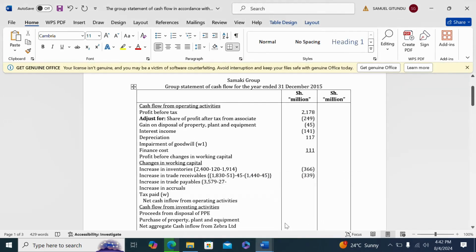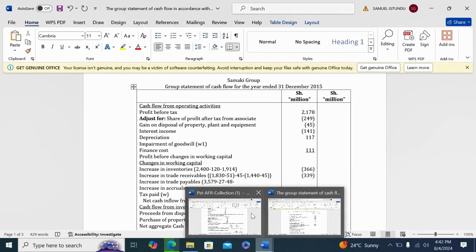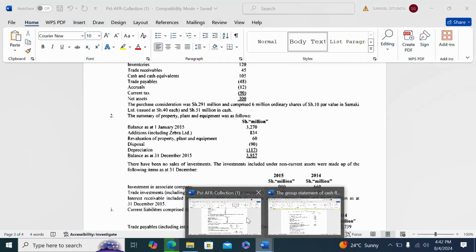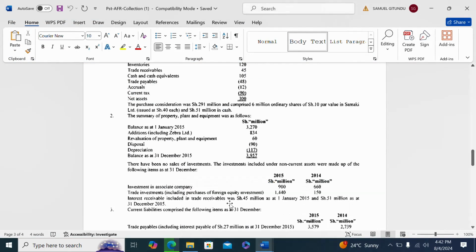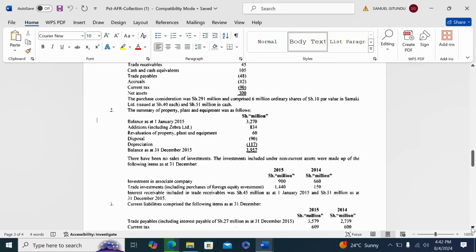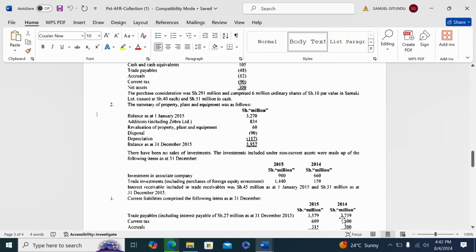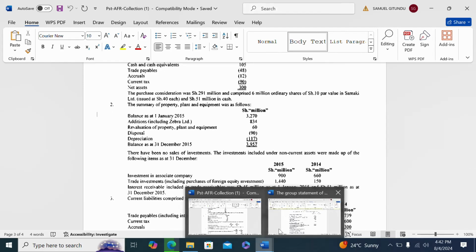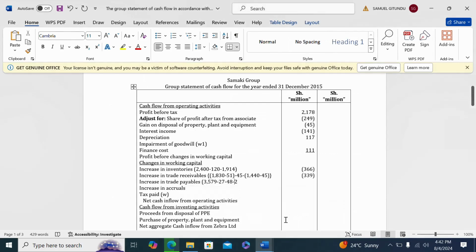So we deduct 48 million and then we deduct the trade payables at the beginning of the year, which were 2739.